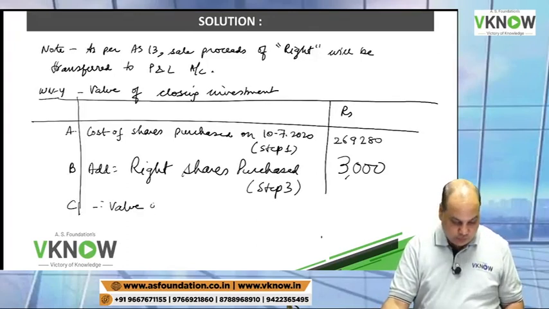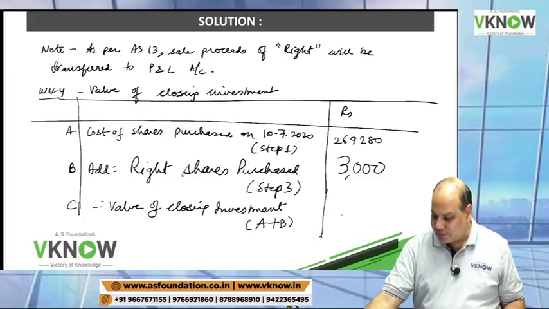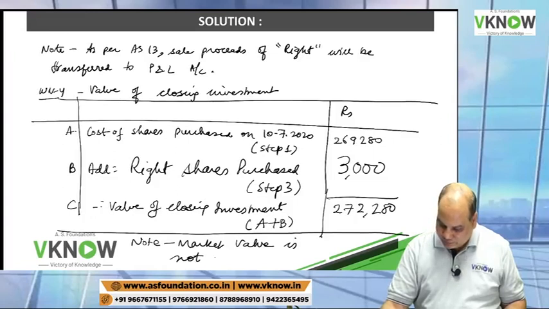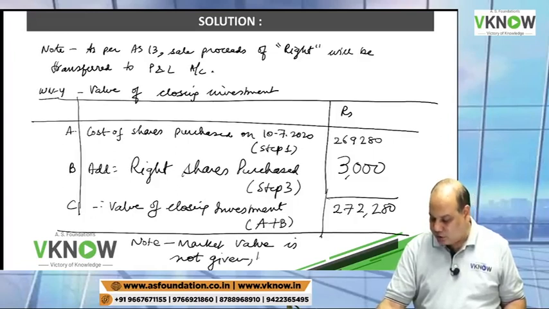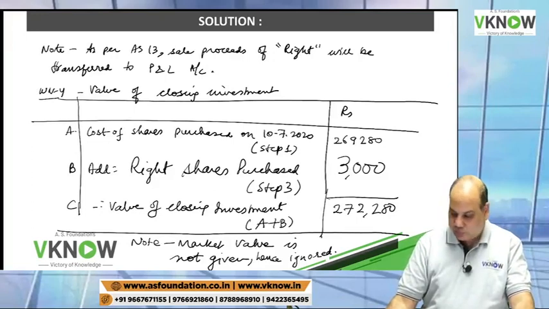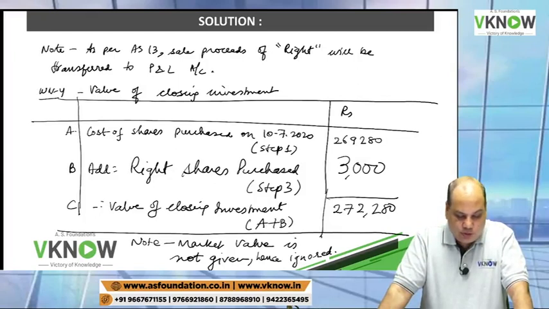Therefore, value of closing investment, A plus B, is 272,280. Note: market value is not given, hence ignored. Any query up to this point?